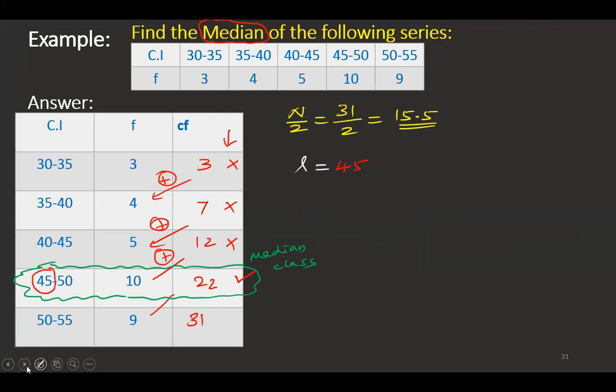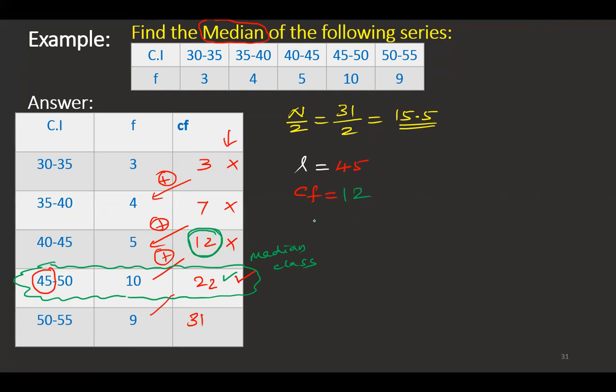Then what is my n by 2? Already we have got it here. Now what is my cumulative frequency? Cumulative frequency is preceding the median class. So I'm going to find out which is preceding. So this is the median class. Now preceding cumulative frequency is 12. That's what is important. So now cumulative frequency is 12.